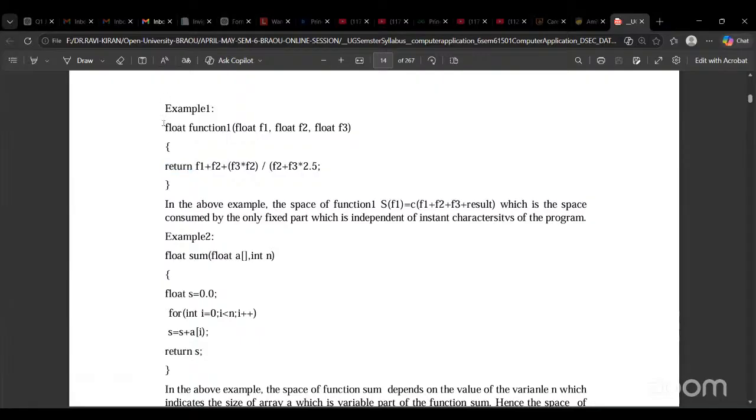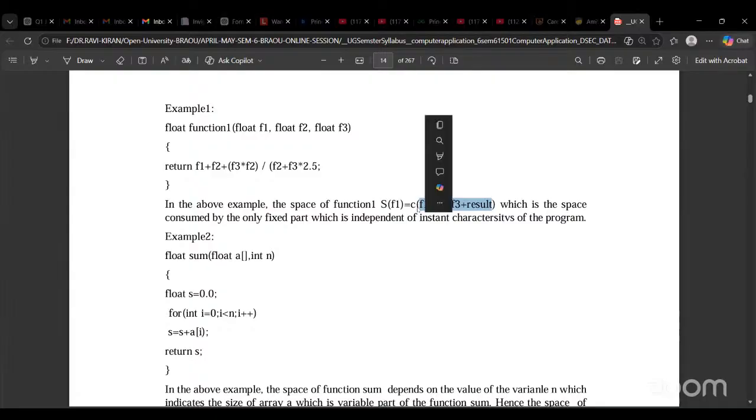Okay. So in this example, the function's total space equals f1 plus f2 plus f3 plus result.